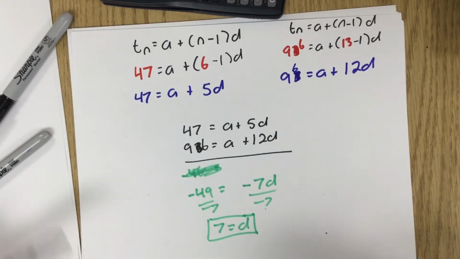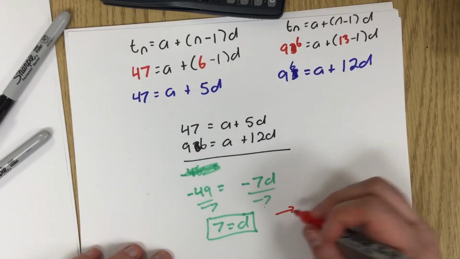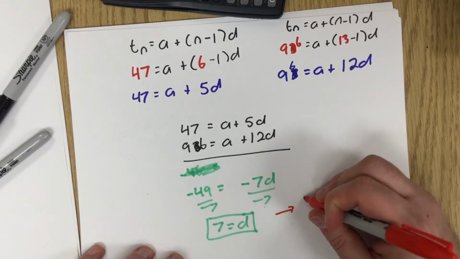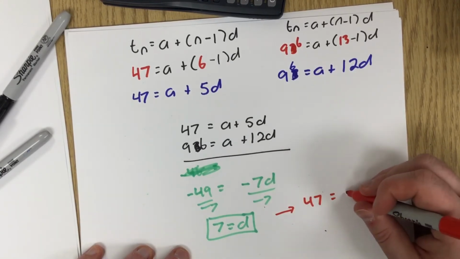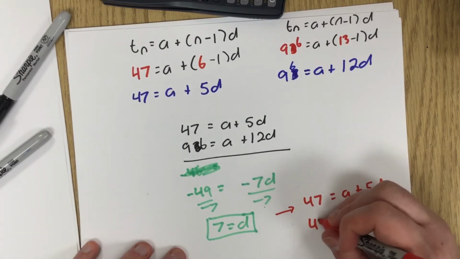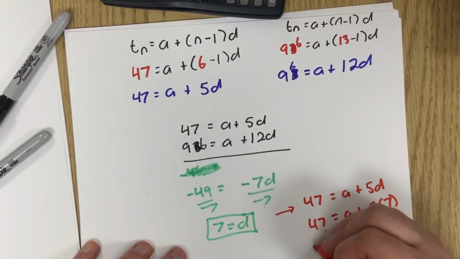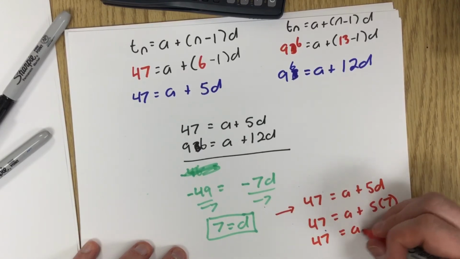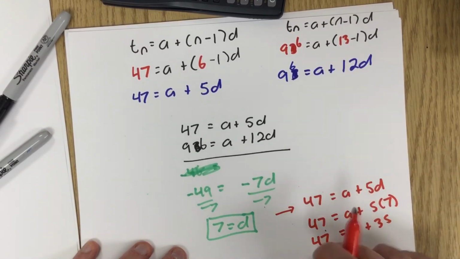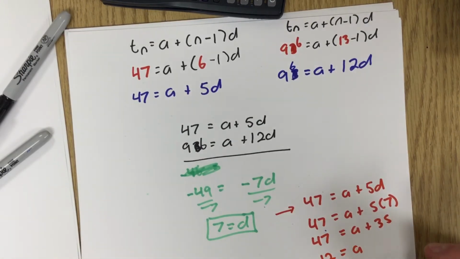Now how do we find A? We find A by subbing that into one of those things. So we're going to have 47 equals A plus 5D. So 47 equals A plus 5 times 7. 47 equals A plus 35. And we bring that over and we get A equals 12.